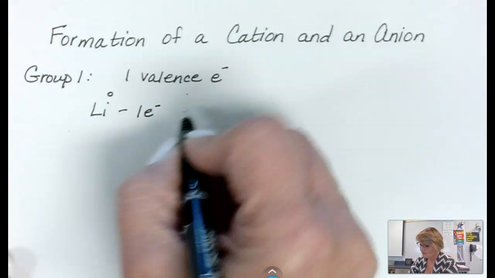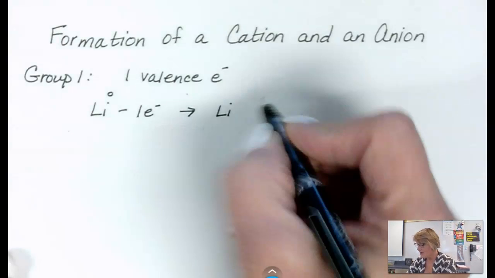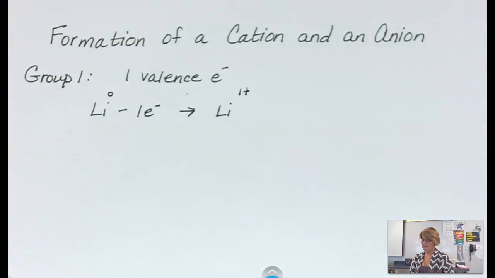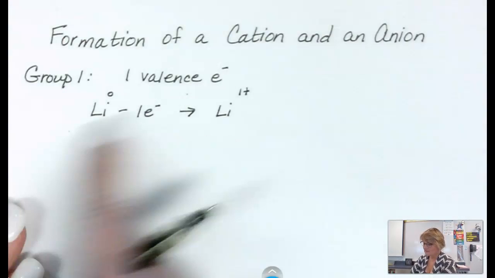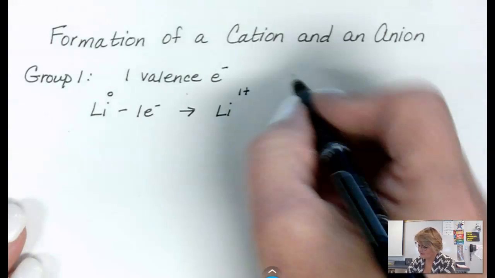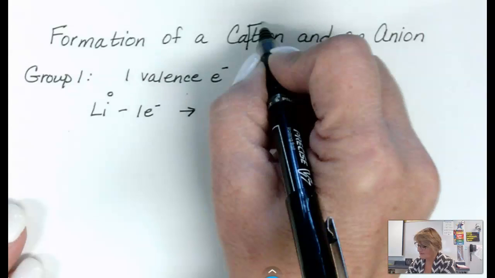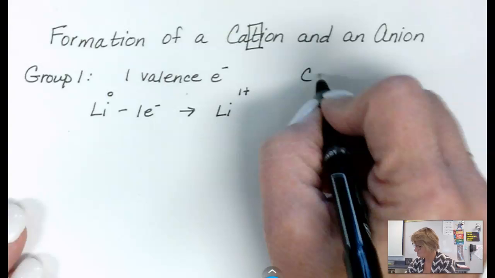If it loses an electron, it's going to have now a 1+ charge, because it lost 1 negative. It's going to become a positive. This is what's happening as it's forming, and this is called a cation. So that would be a positive ion, a cation.